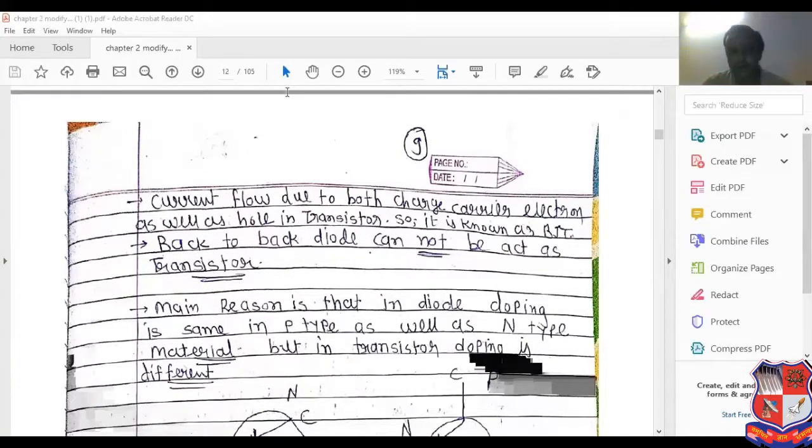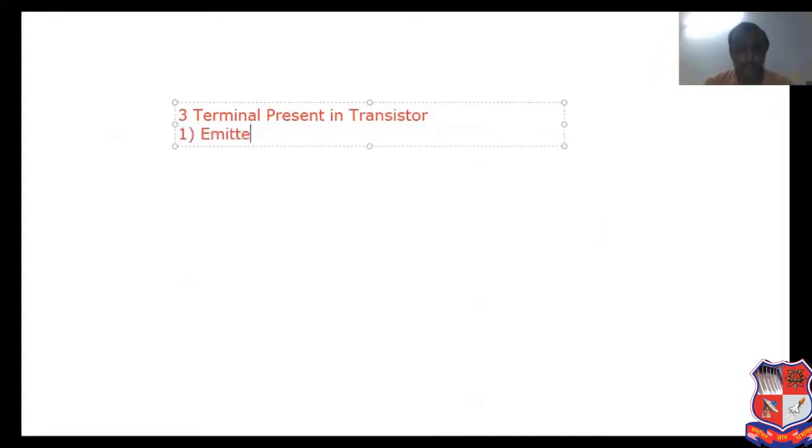Already discussed in the fundamental concept is what is the area of emitter? First of all, three terminals are present in transistor. First is emitter, second is collector, third is base.